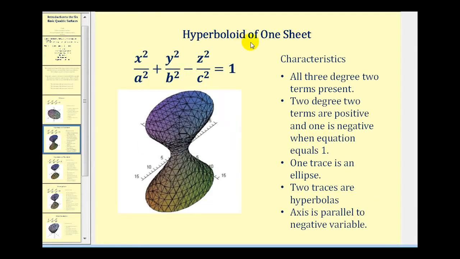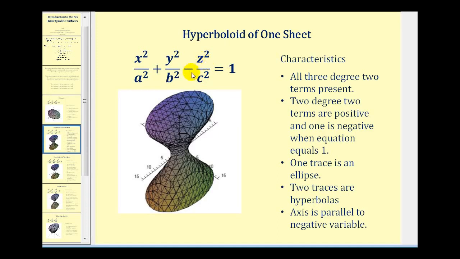Now let's take a look at the hyperboloid of one sheet. Here's the equation in the most general sense. Notice all 3 degree 2 terms are present. However, 2 of the degree 2 terms are positive, as we see here for the x squared and y squared term, but one of the squared terms is negative, as we see here for the z squared term.